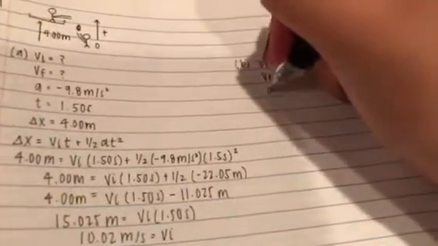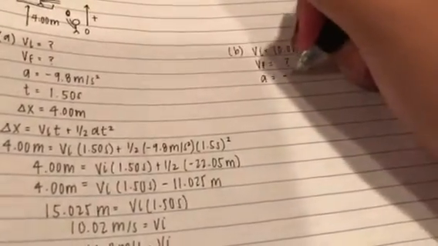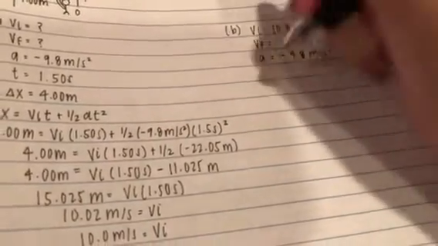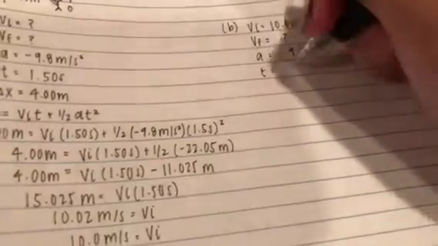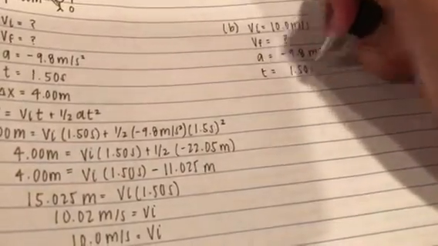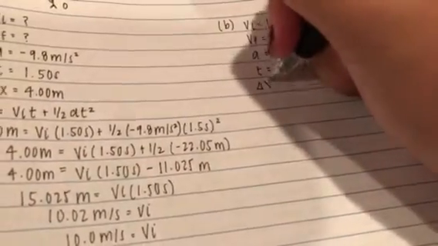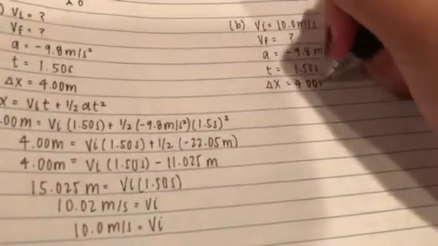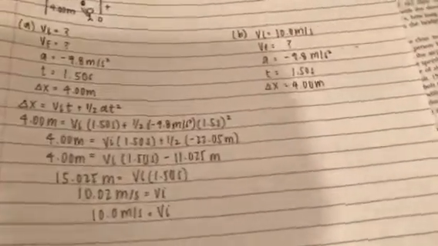Acceleration is negative 9.8 meters per second squared. Time is 1.50 seconds. And displacement, 4.00 meters.